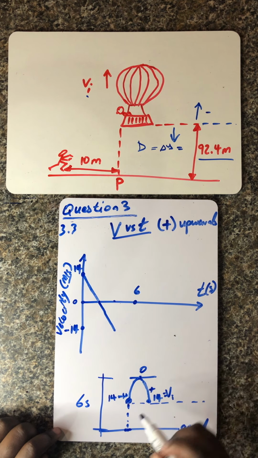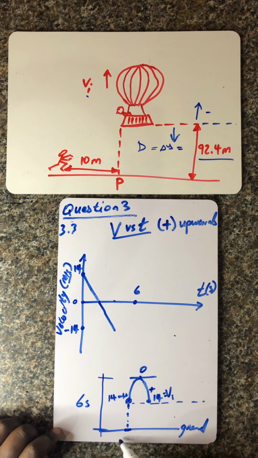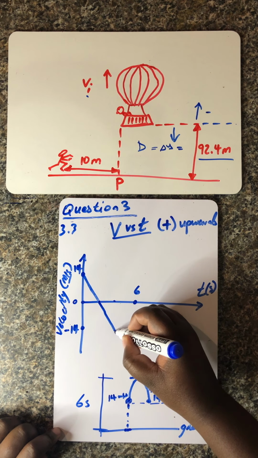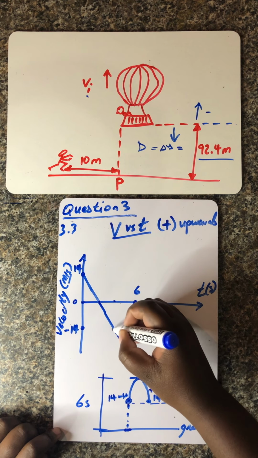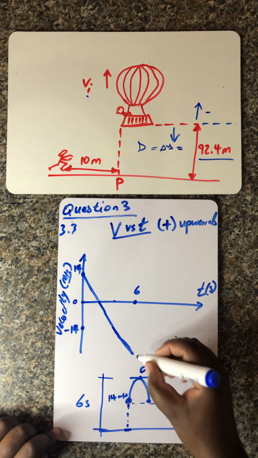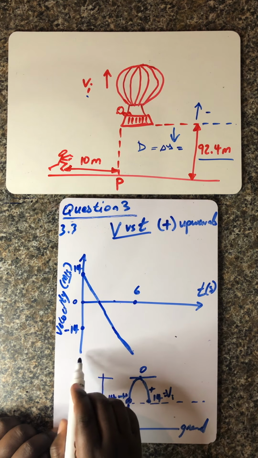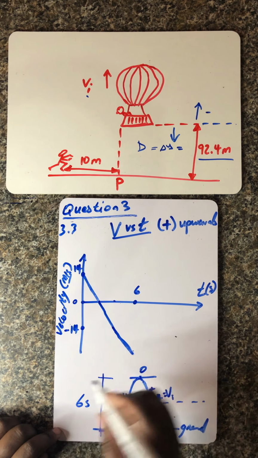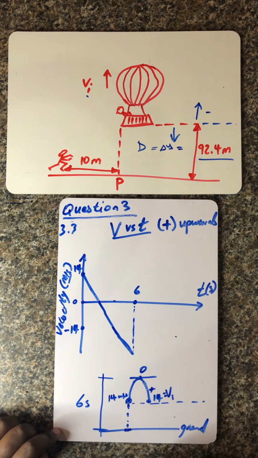Remember, from that point it continues going down. So this is the part where you show this object continuing in the downwards direction. Somewhere where its velocity is not calculated or is unknown, that's where it hits a time of 6 seconds. Very much important, ladies and gentlemen.